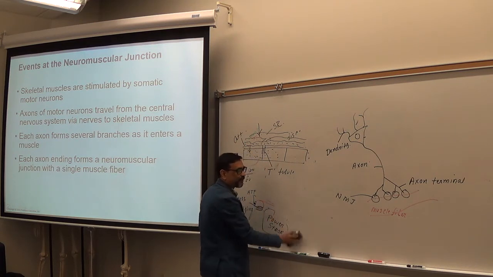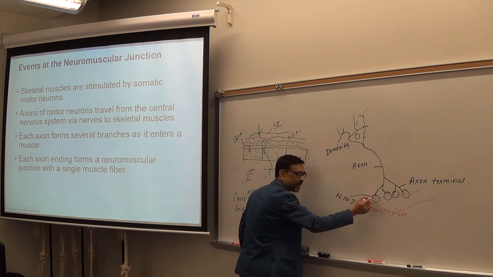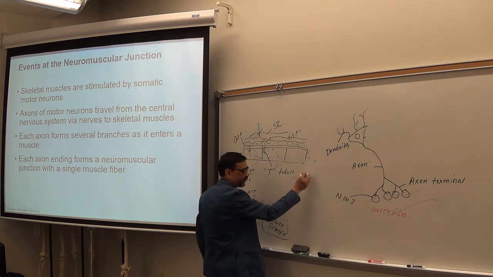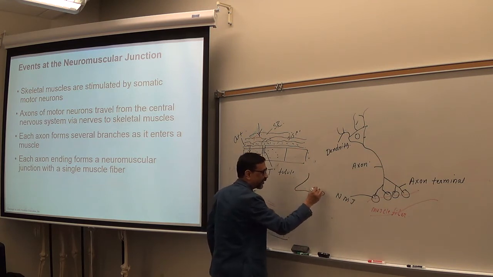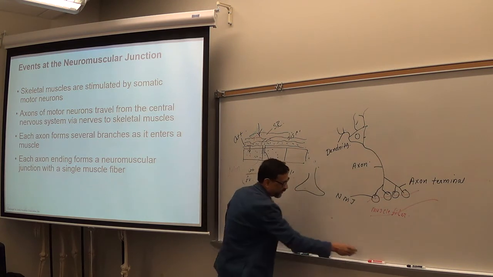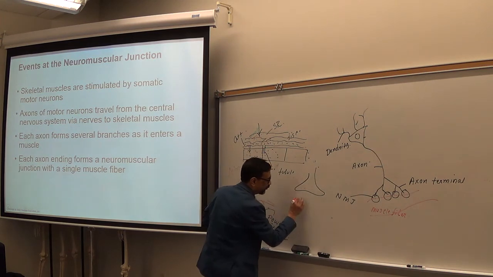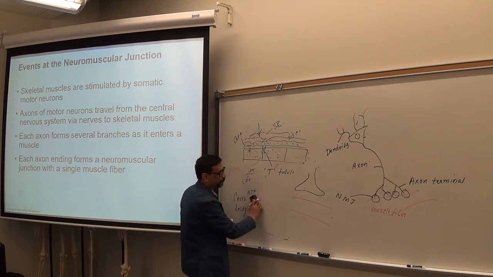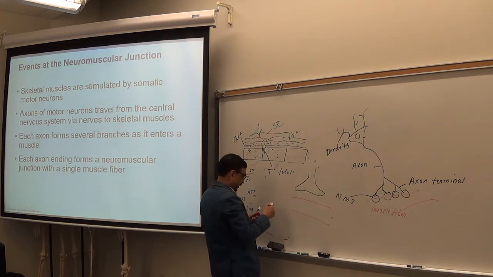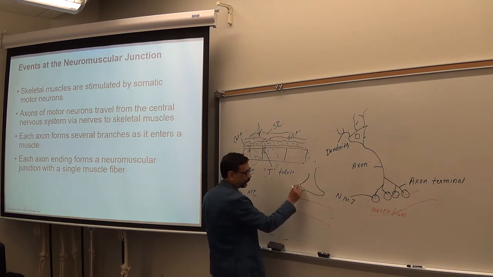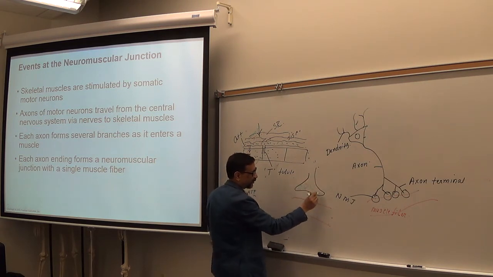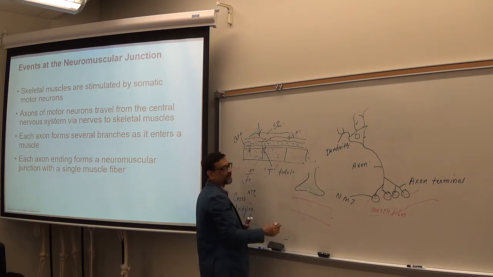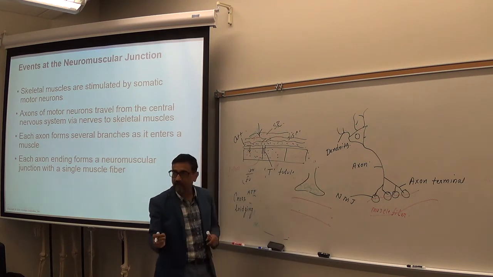Now, if I only take this part and see it under a very powerful microscope, this is the axon terminal, and this is the muscle fiber. Now, at the axon terminal, you have what? These round membranous structures are called vesicles.